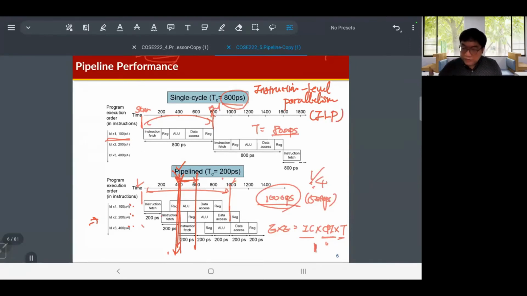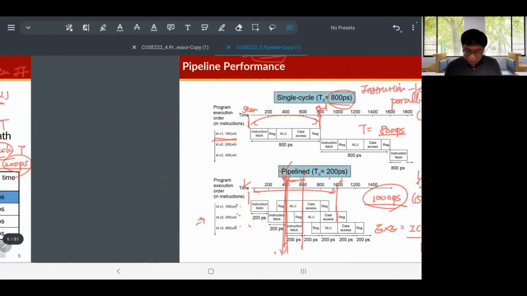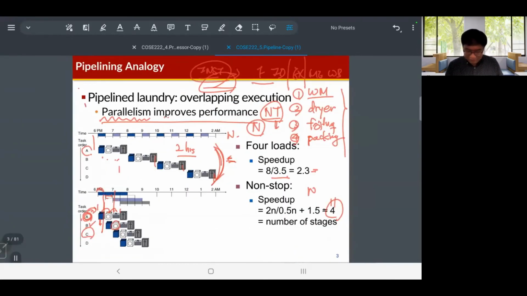Instruction level parallelism means multiple instructions are executed in parallel, which means multiple instructions are executed concurrently. With this instruction level parallelism, we can improve the performance of a processor. That's why the first slide declares we can improve the parallelism, improve the performance.